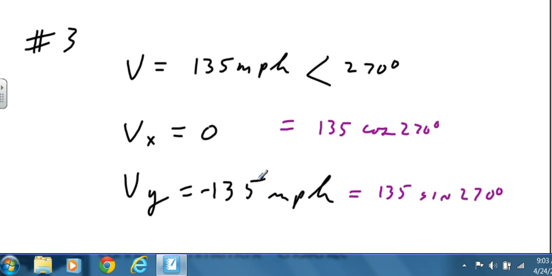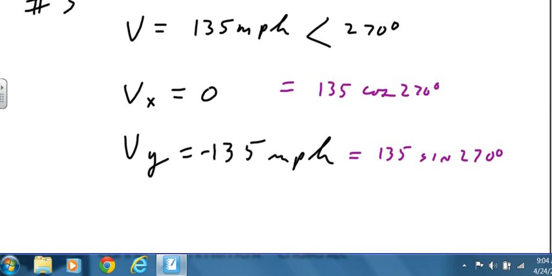And then the other thing we could do, if we wanted to, is take our calculator and go to mode, and put it in rectangular mode, so the mode I want is a plus bi. That's what I'm looking for.